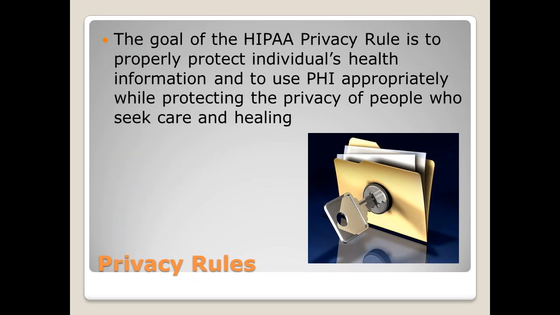Privacy rules, like we talked about, privacy is more around the client's information, the services they're receiving, their rights around their chart and the information you're collecting on them, how we're protecting their data. This is actually the definition from the regulation. And I really find this kind of nice, actually, that the government is thinking about people who are seeking care and healing.